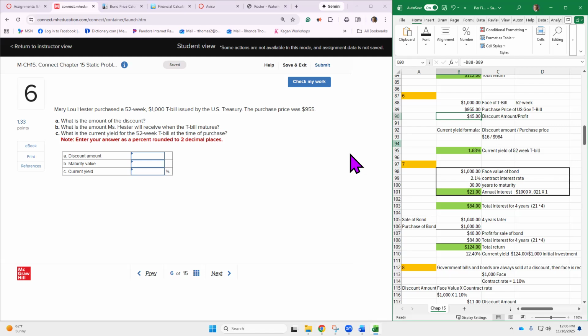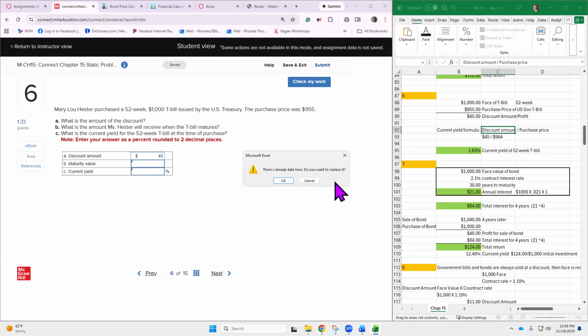So the amount of the discount is the difference between the price that was paid and the face of the bill. Okay, it says current yield formula. We're going to put the discount in as $45, and then we're going to divide by the purchase price of the T-bill. Okay, so once again, it's $45 to be made.